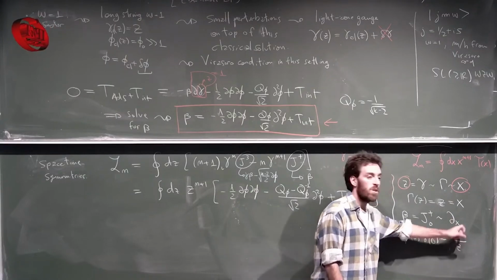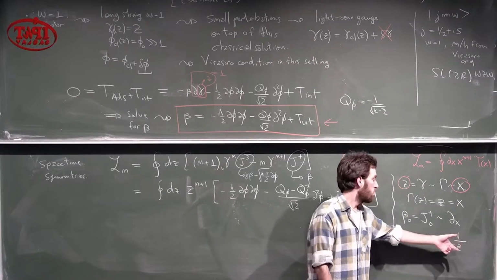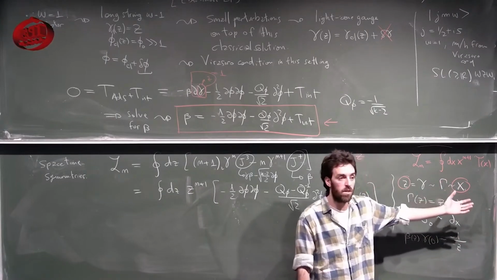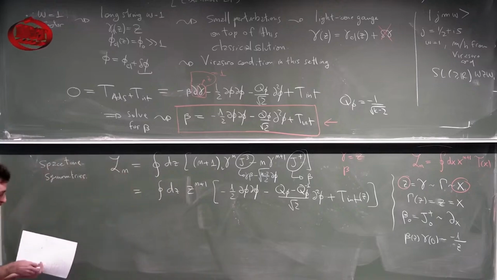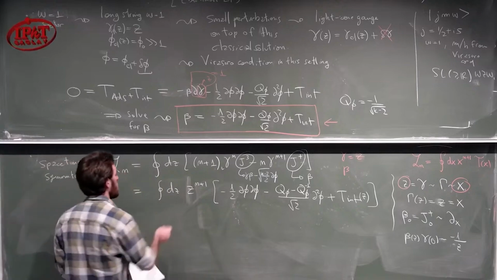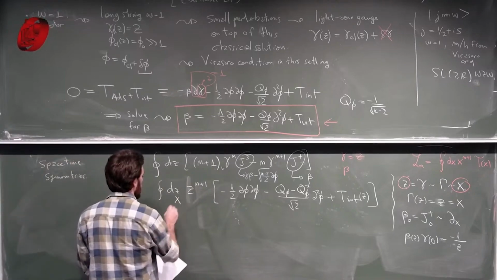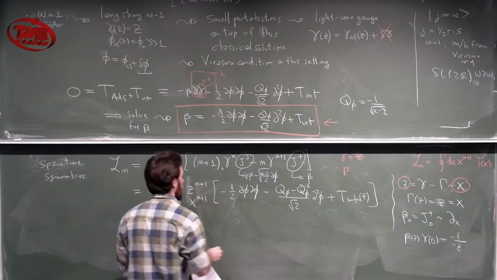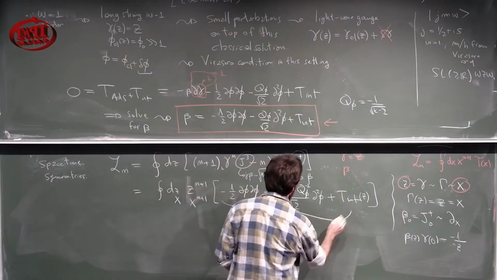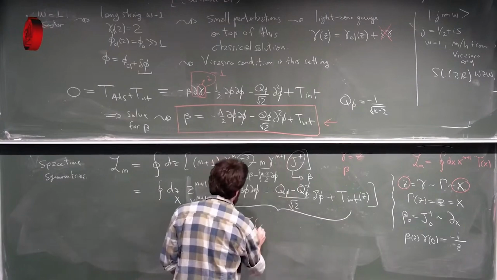And so it makes sense to try to identify again z with the boundary coordinate x. And if that's the case, I would write here something like x to the n plus 1, and I would want to call this T of x.